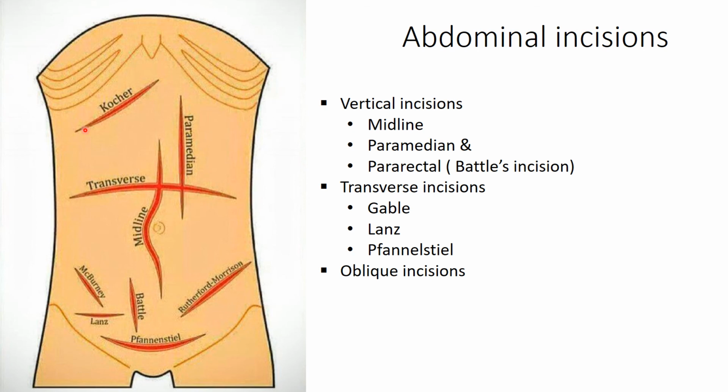It is less painful, provides a good exposure, and has fewer post-operative complications. Thus, it also heals well. Only limitation: it takes longer to open and close due to the layers, and because of that there is increased chance of infection.